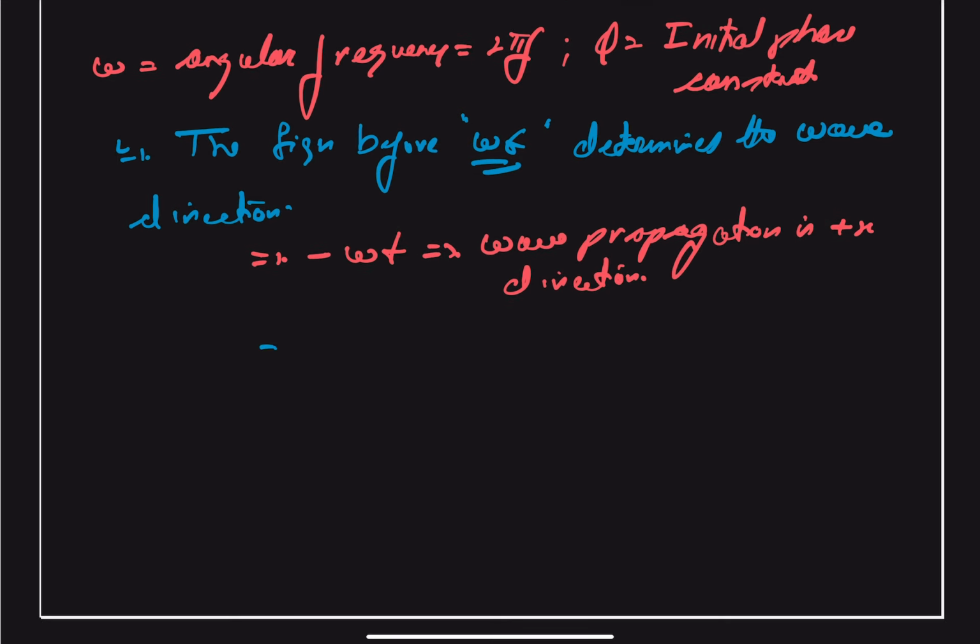And if we have plus ωt, then the wave propagation is in the negative x direction.